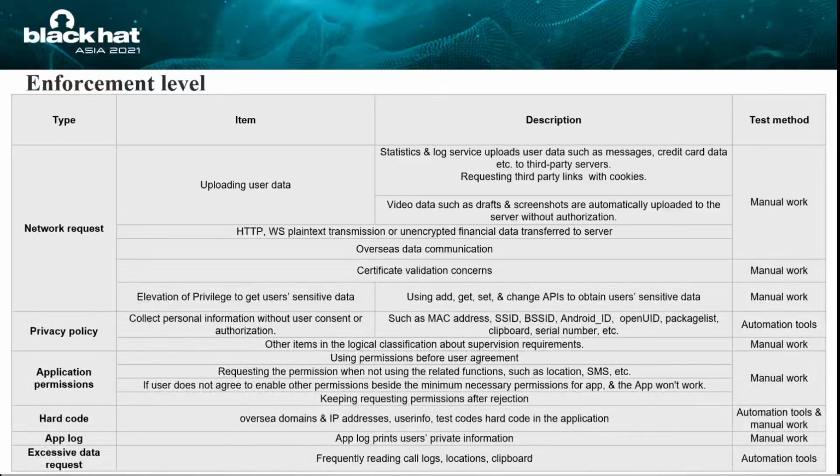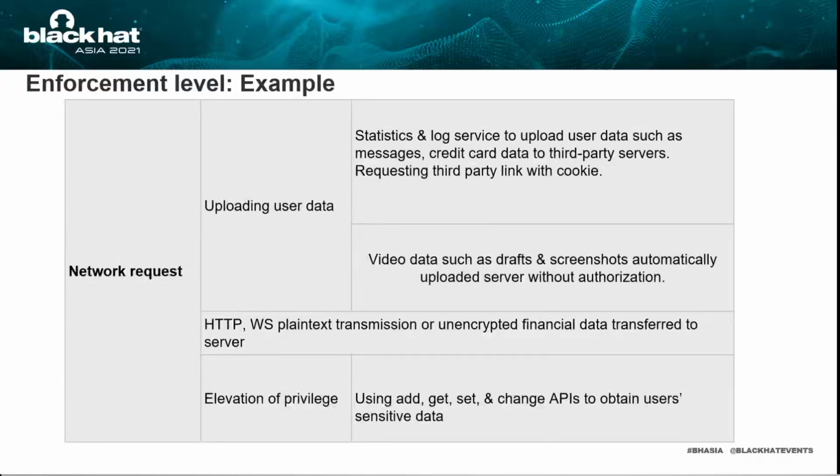For example, for the network request, we check whether the application uploads user data, what kind of data they upload, and when they upload, whether they encrypt the data, and also whether they access and upload some data which shouldn't be, which is out of the purpose they claimed.